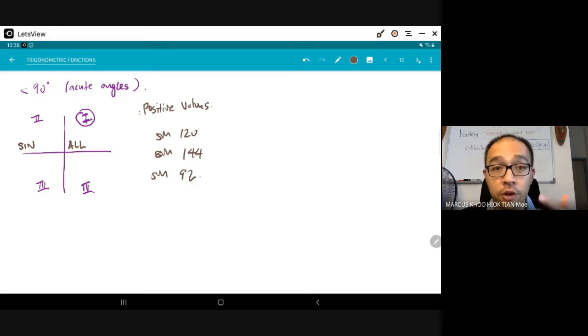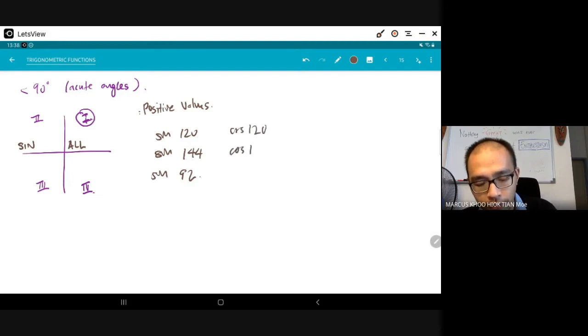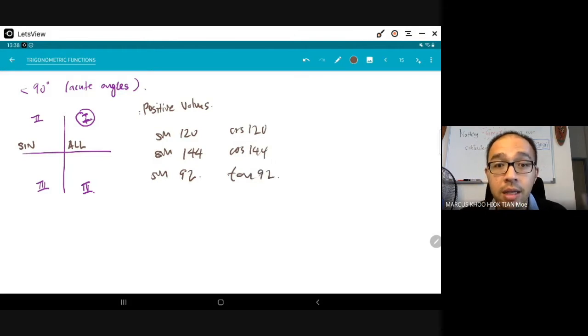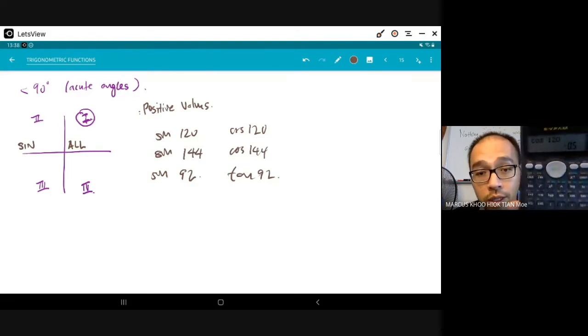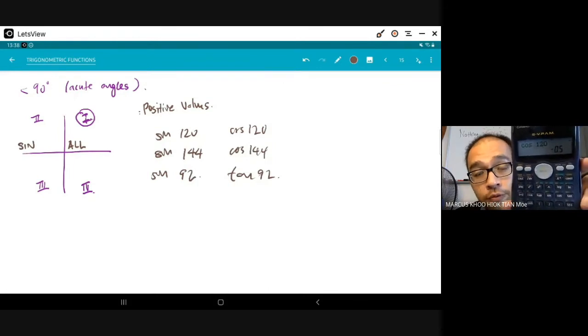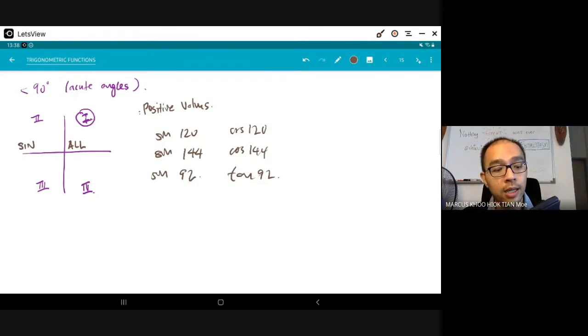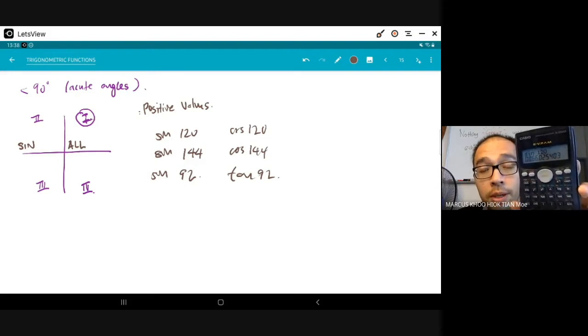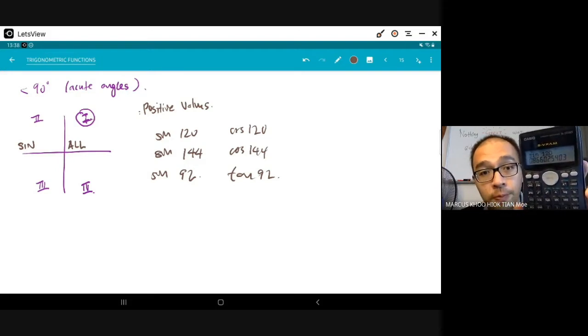If you don't believe me, then you take out your calculator and you press cos 120, cos 144, or tangent 92. Your calculator will show you a negative value. Press and see. Cos 120, you get negative 0.5. But when you press sine 120, you will get a very long number, I know, but you will get a positive value.